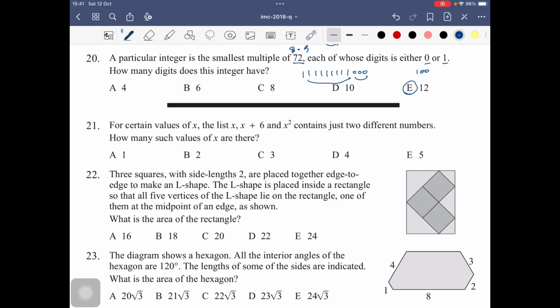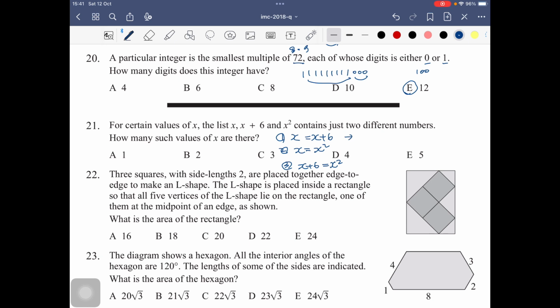Number 21: certain values of x, x plus 6 and x squared are just 2 different numbers. So which means, for example, x and x plus 6 can be equal, or x and x squared can be equal, or x plus 6 and x squared could be equal.